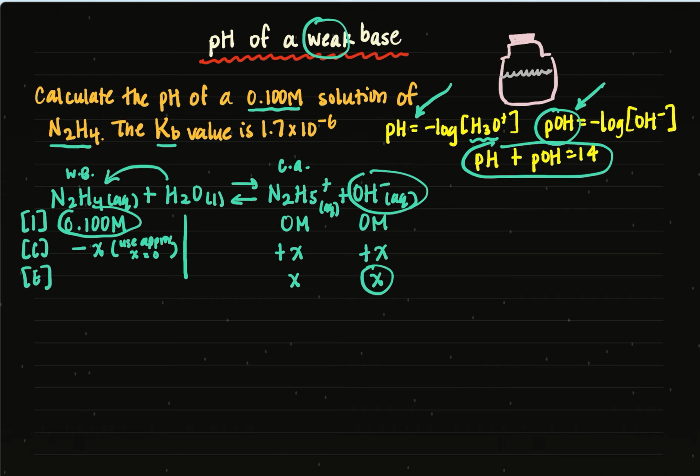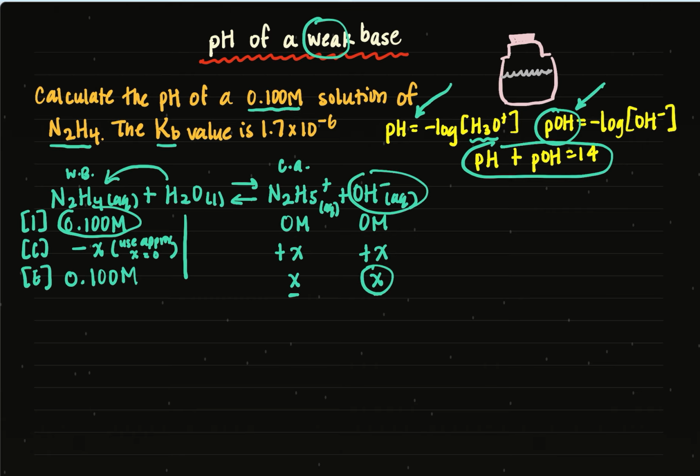And that also means I'm going to have very little product produced as well. So we are going to make an assumption that x is 0 on the left side, which means at equilibrium, my weak base concentration will be very close to 0.100 moles per liter. Okay, now you don't have to do approximation if you want. It will just be a lot more math, but I'm going to just save some time by using approximation here.